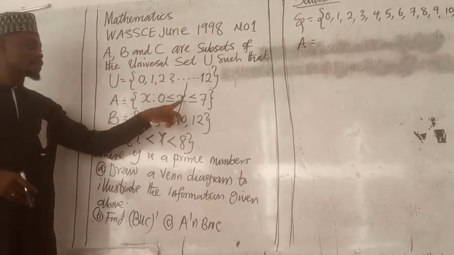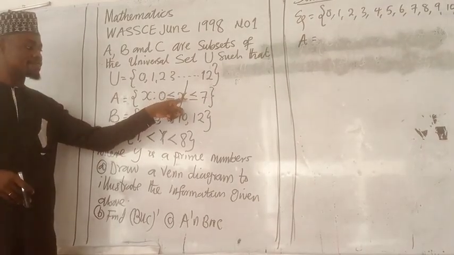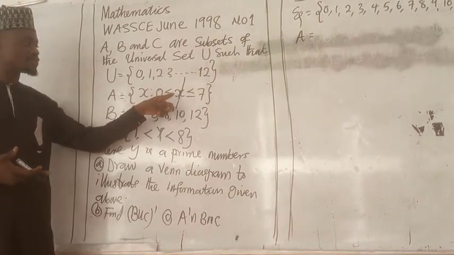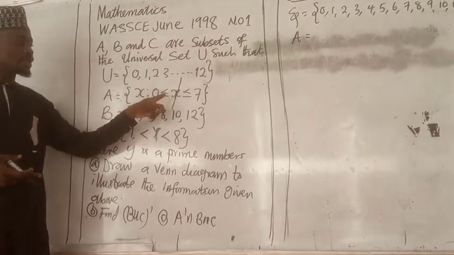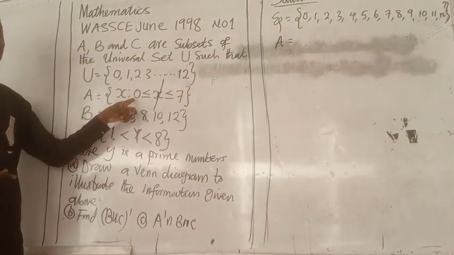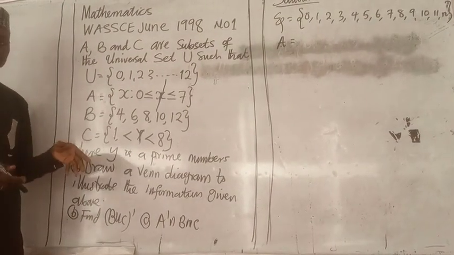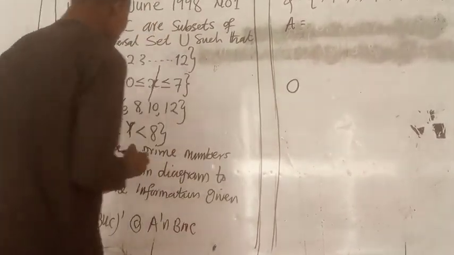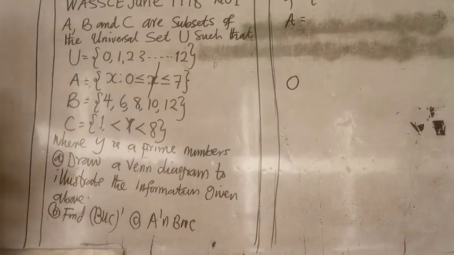So now, x, you can see the sign faces what we consider as our x. This one is facing, which means it's greater. x is greater than or equal to 0, which means 0 is inclusive. We are going to start from 0 as our starting point. Then I have to know the ending point.